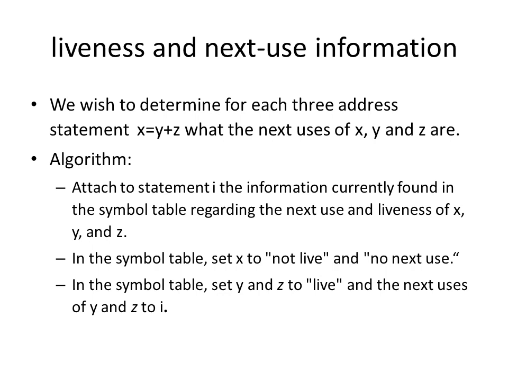In the symbol table, set x to not live and no next use. In the symbol table, set y and z to live and the next uses of y and z to I.